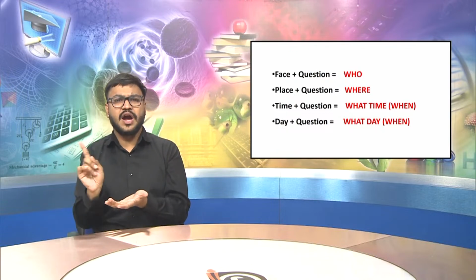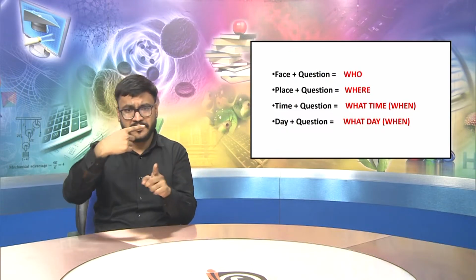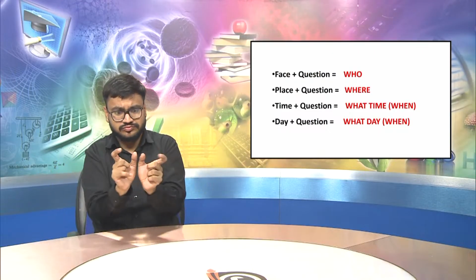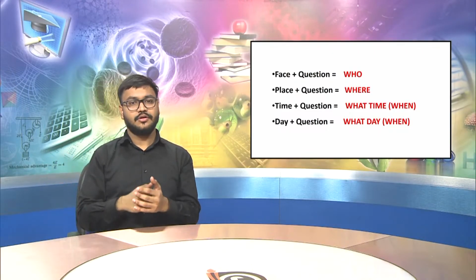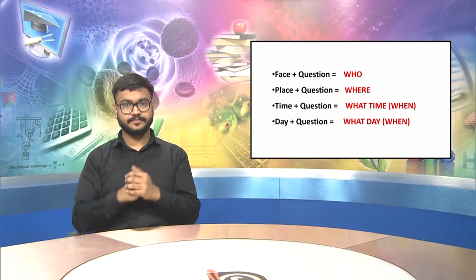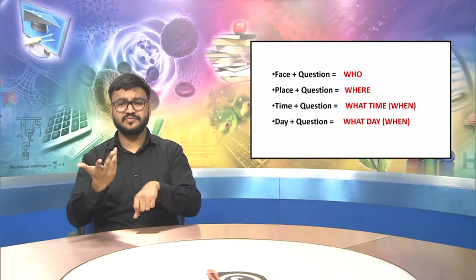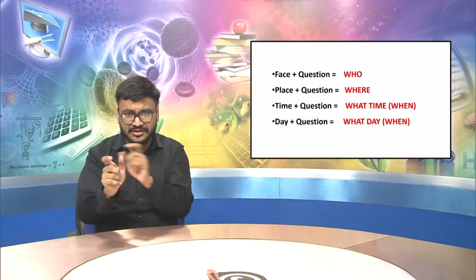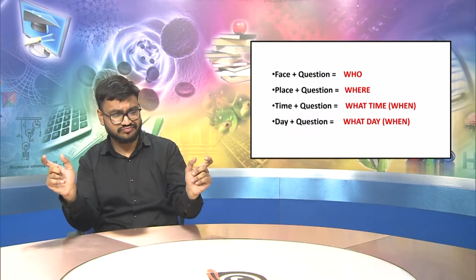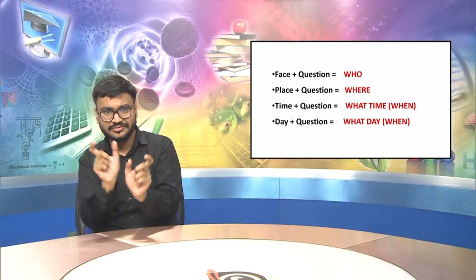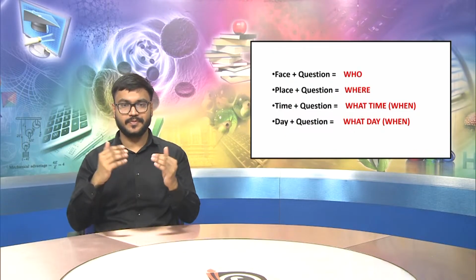Second is where. It also has two specific words, which are place and question. Next, when. It also has two specific words with two specific meanings, which are time and question.